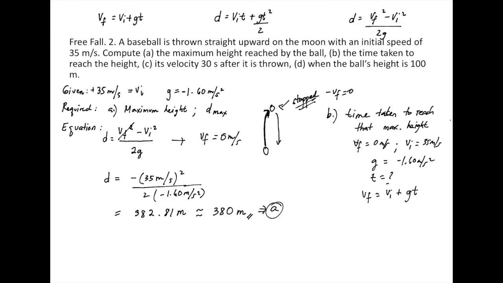Solving now for time, we have Vf minus Vi divided by G. Plugging in, we have the Vf, which is 0 meter per second, minus the initial velocity, 35 meter per second, divided by negative 1.60 meter per second square.